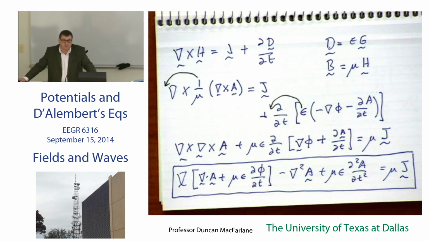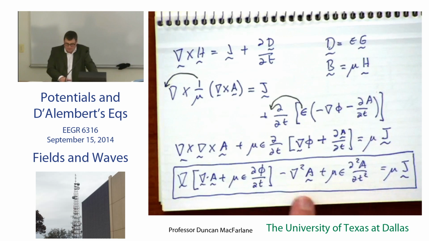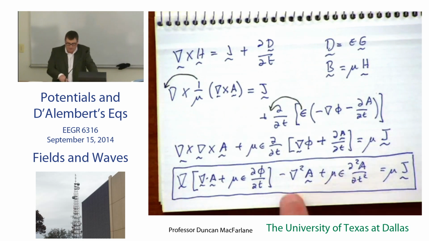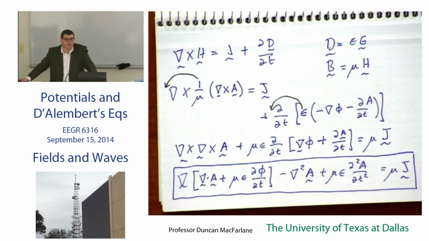Okay? And if I keep going, I've got some terms that kind of look okay. A second derivative with respect to time, and a second derivative with respect to space. I've mentioned before, and I'll mention now, that the name of the course is Fields and Waves, and a wave equation for a field has a second derivative with space and a second derivative with time.